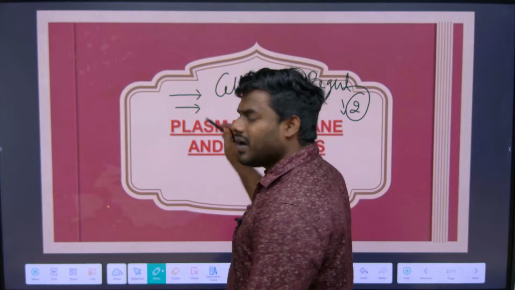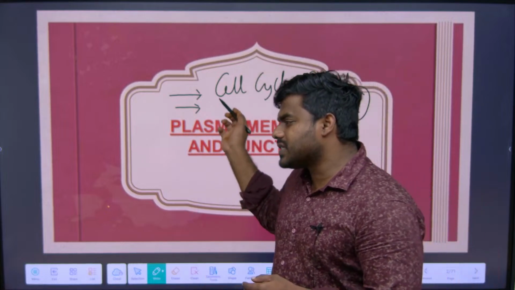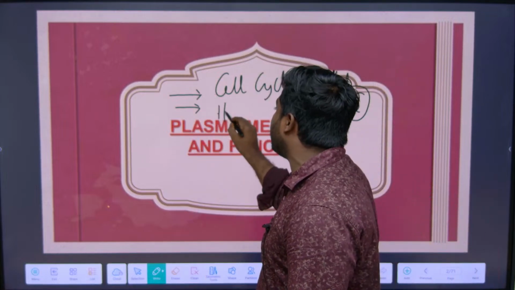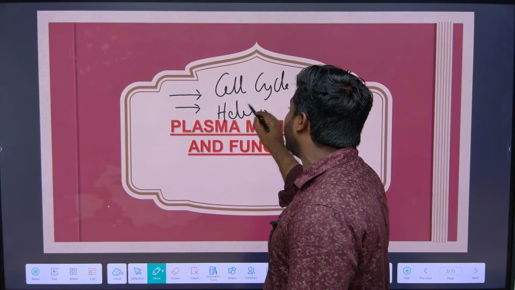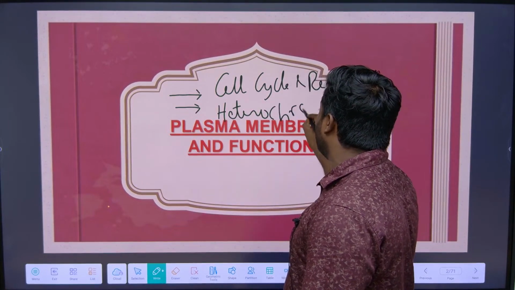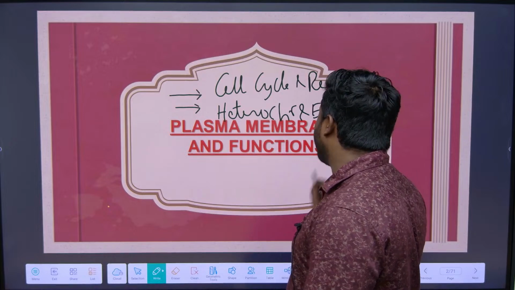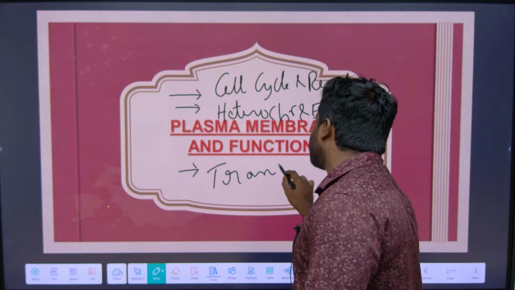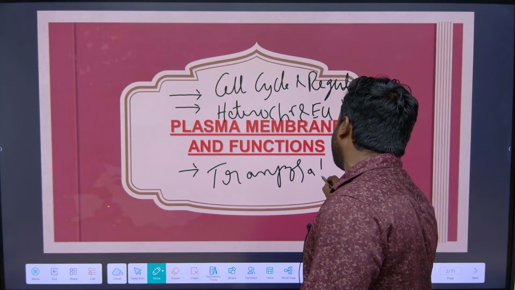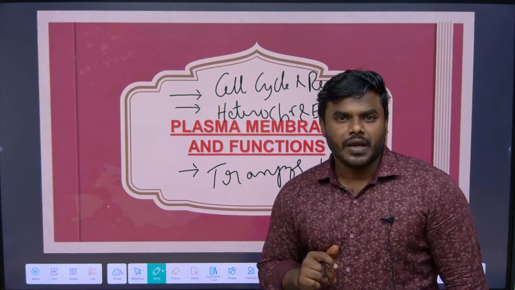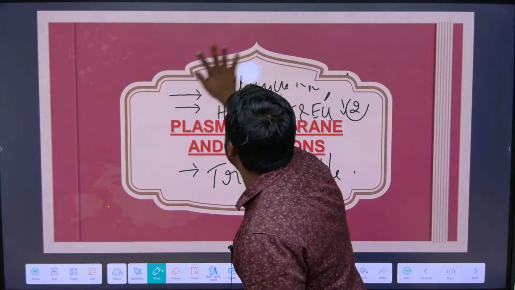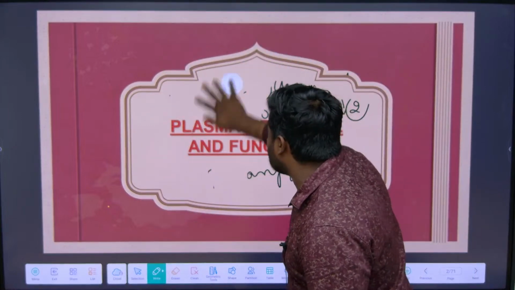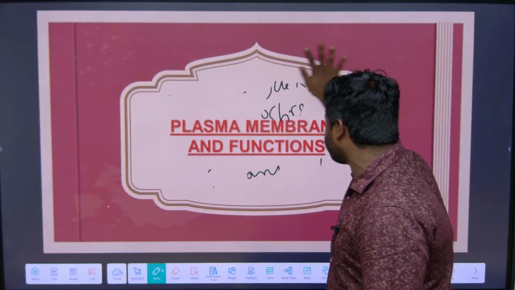Apart from this, another very common topic that repeats frequently is chromosomal organization, where we have to read about heterochromatin, euchromatin and a very specific topic, the transposable elements or transposons. These are the topics we have to focus on in the cell biology chapter.